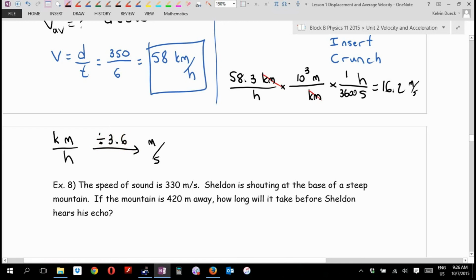There's your shortcut. If you combine that timesing by 1,000 and dividing by 3,600, if you want to go from kilometers per hour to meters per second, it's divide by 3.6. Just this once, I will let you put that somewhere on your purple sheet, if you want.